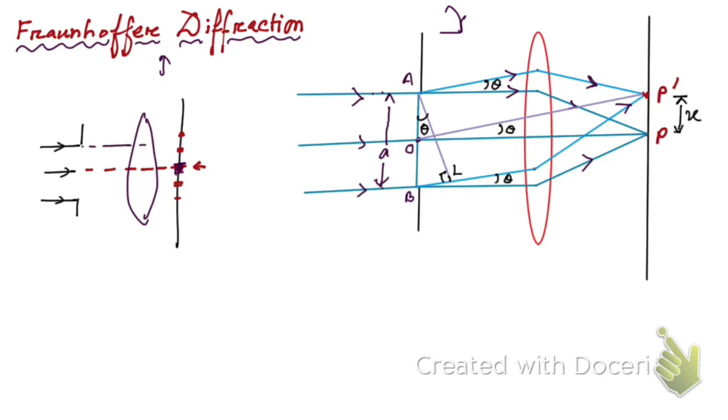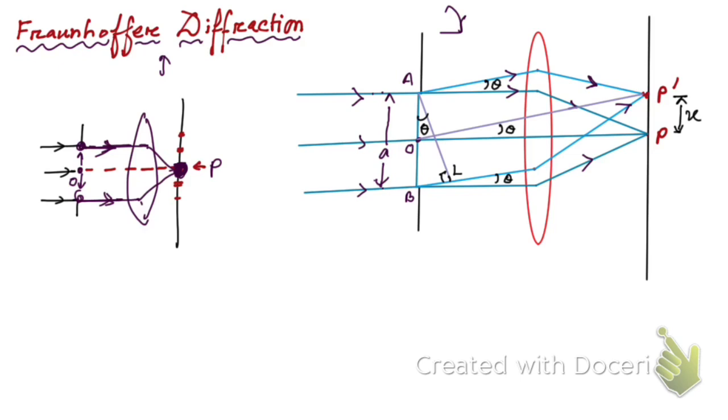These straight parallel rays are focused at this point P. This is the midpoint of the slit, O, and these two points are equidistant from this midpoint, so the light from these two points travels the same distance to reach the point P. That is why the path difference between them is 0, and this is the point of maximum intensity.